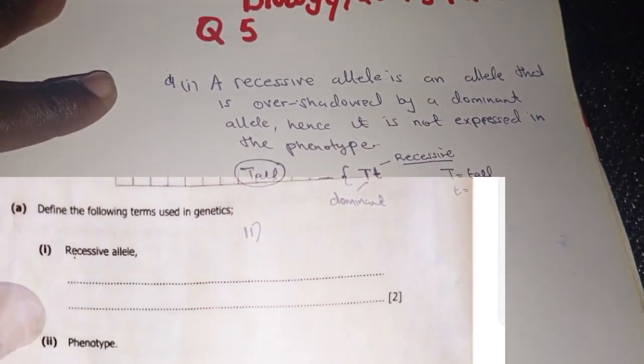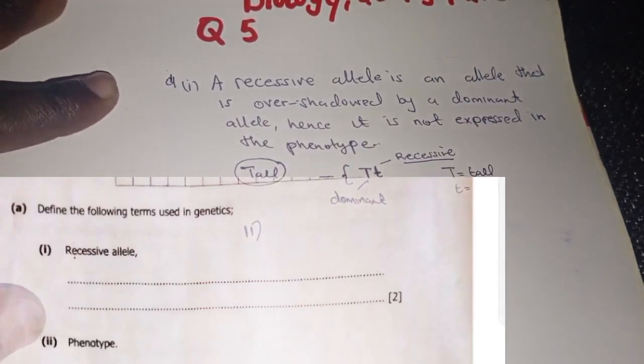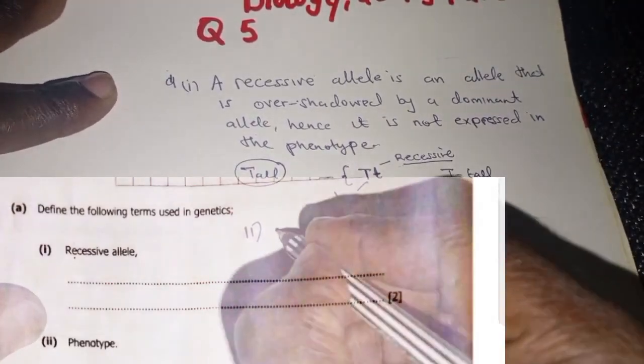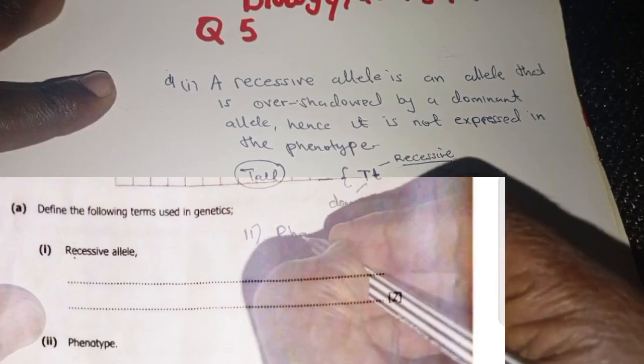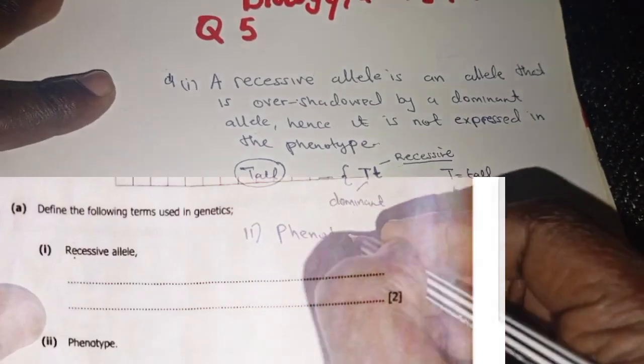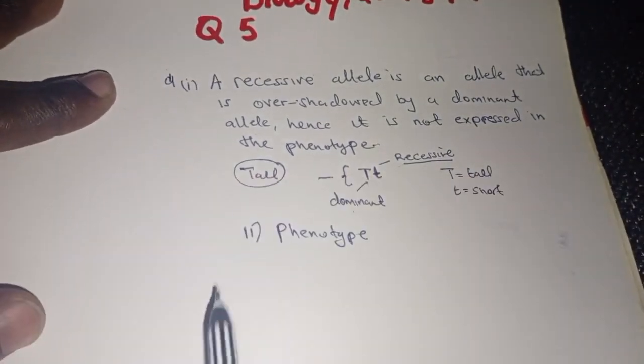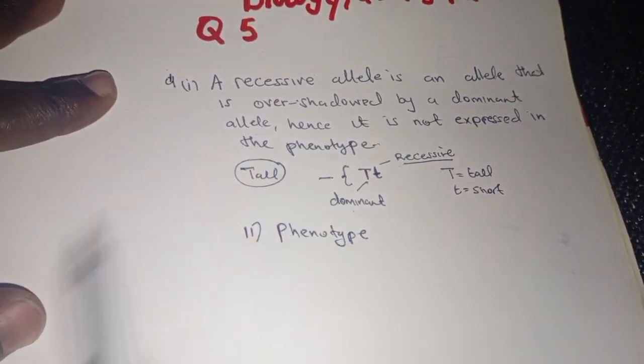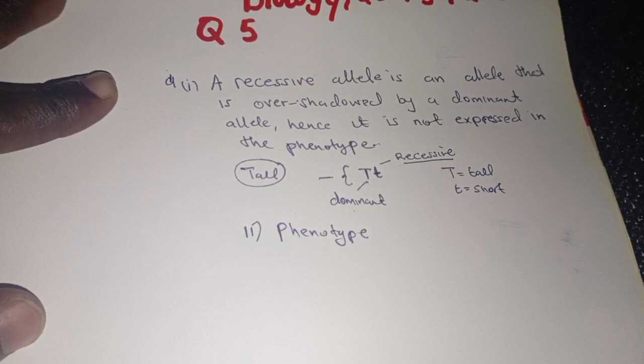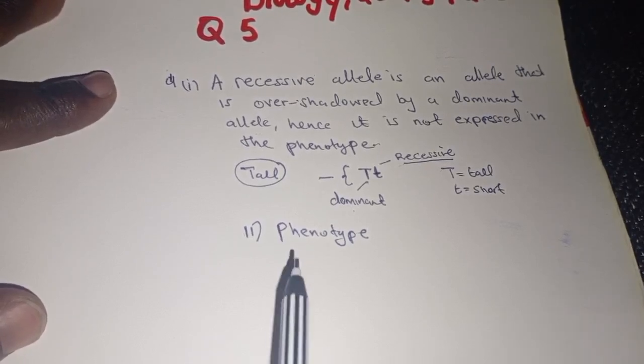The next question simply says, what is a phenotype? A phenotype is simply the outward. Like I said, the phenotype is what is shown outside. It shows the expression of genes. Genes that are able to express themselves will be shown in the phenotype.